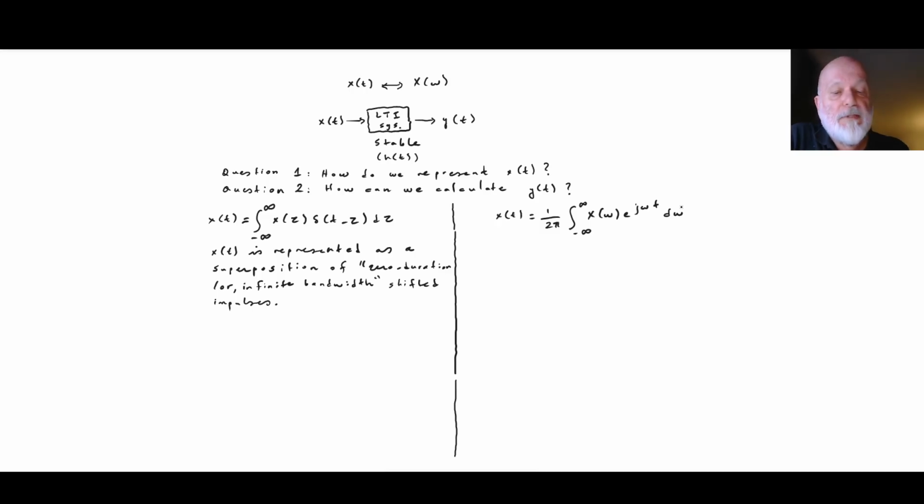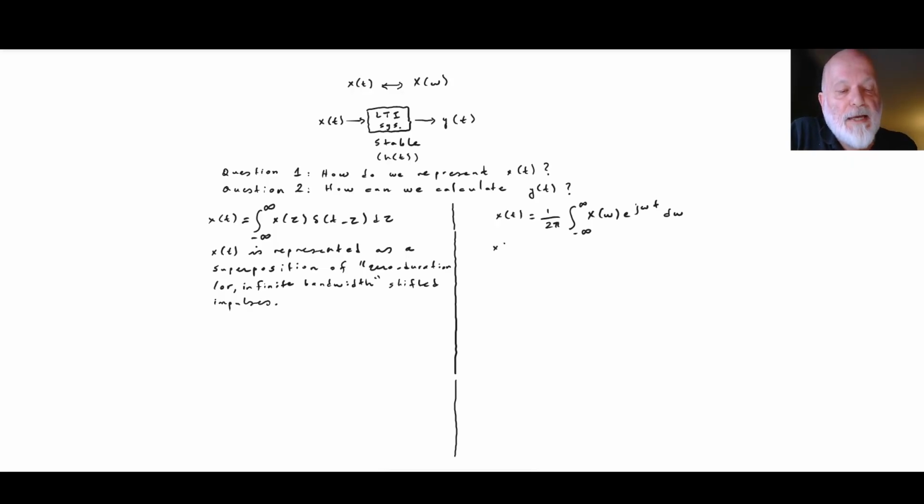So x of t here is represented as a superposition of now infinite duration and zero bandwidth complex exponential signals. You see the duality between these two representations.